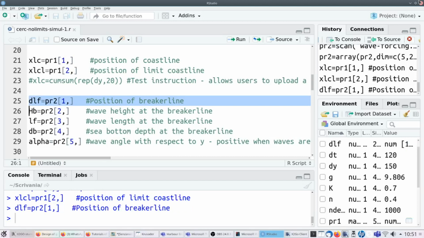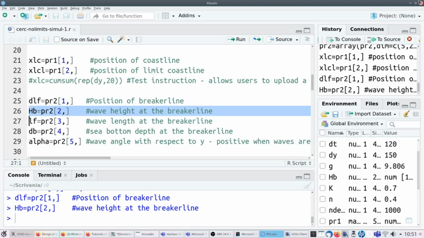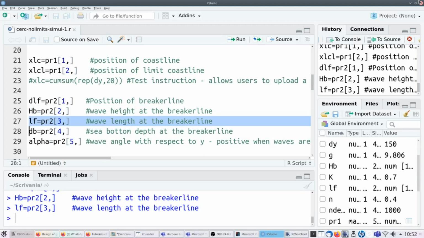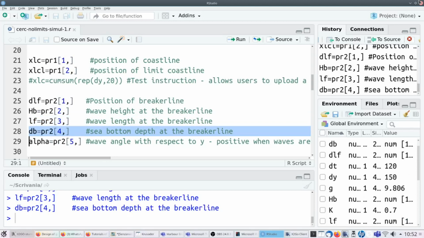As I said, we will not use all of these variables, but I want to upload all of them. Now, HB is the wave height at the breaker line. This is needed. LF is wave length at the breaker line. This is not needed. DB is sea bottom depth at the breaker line. This is needed in CRC.